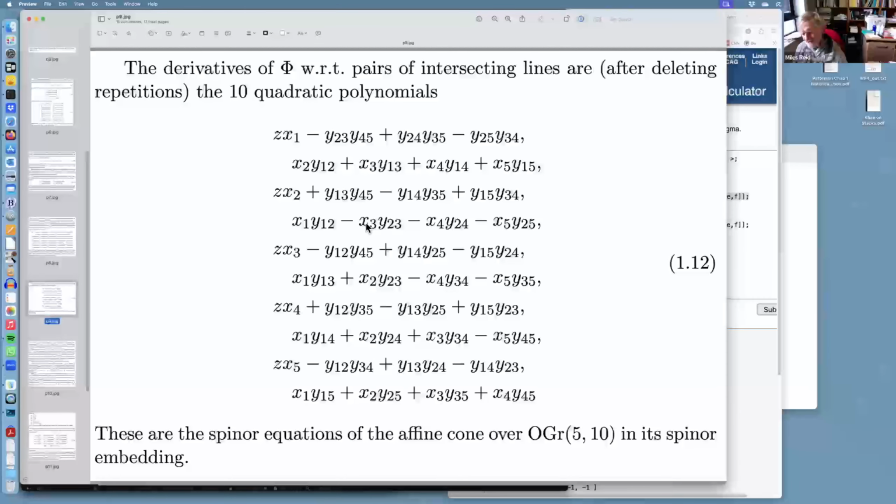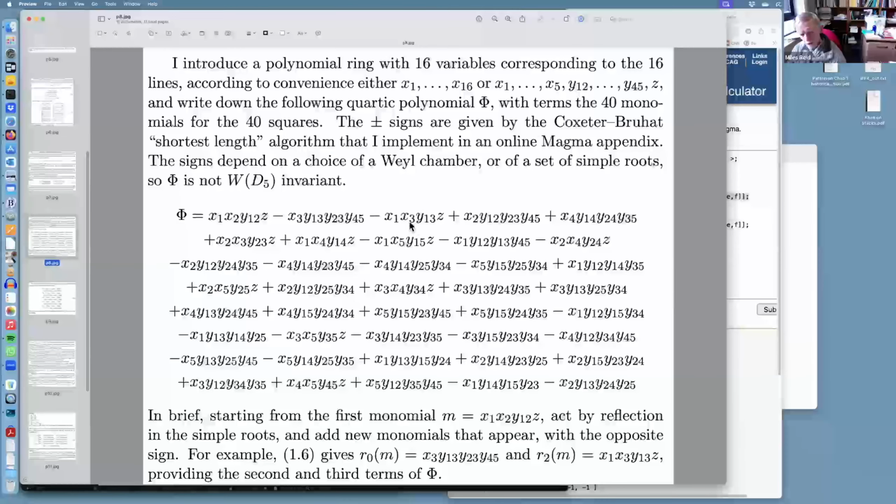So now I'm going to take that polynomial phi. So there's this huge polynomial with 40 quartic terms, and take partial derivatives with respect to pairs of intersecting lines. Yeah, so you get each of these, I think, about 4 times, but these are 10 quadratic polynomials. Right, so if you look, one of these has zx1 in it. Yes, where does zx1 appear here?